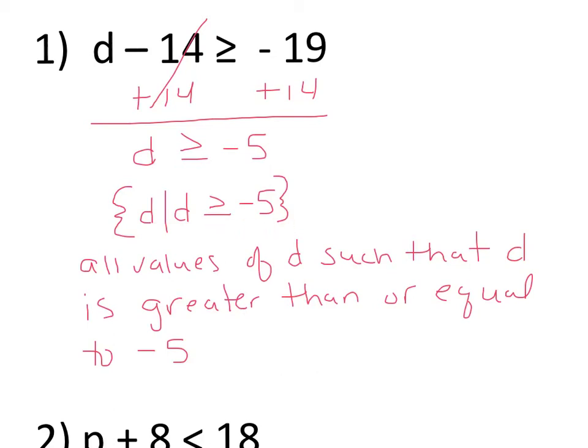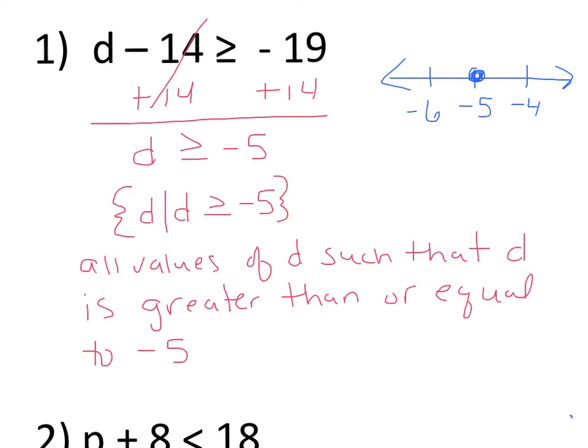So now, because it does ask us to put this on a number line, I'm going to create my own number line, and I'm going to put the -5 in the middle, and put a number down on either side. So I'm going to do -4 off to the right and -6 off to the left. Now, since I have an equal sign, that's going to tell me that I'm going to have a closed circle.